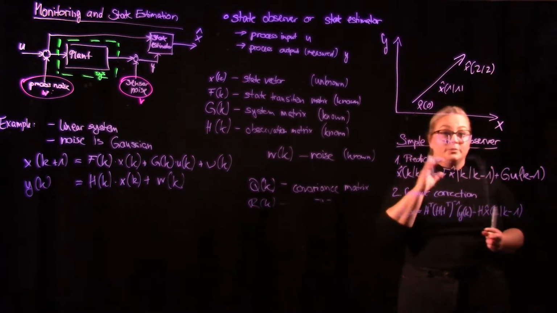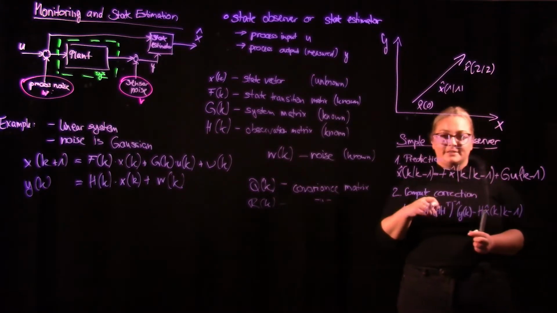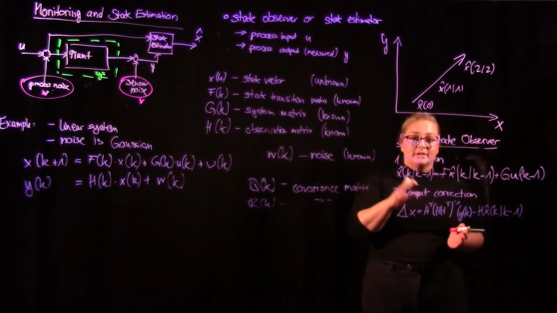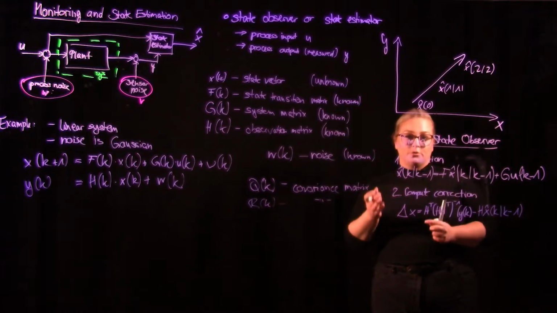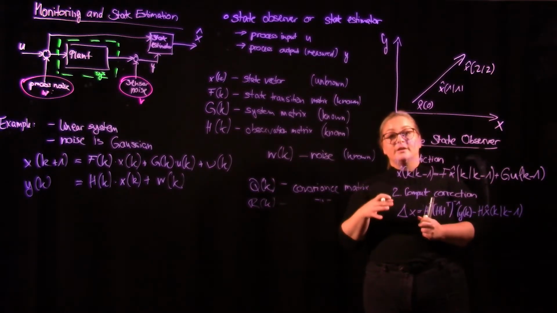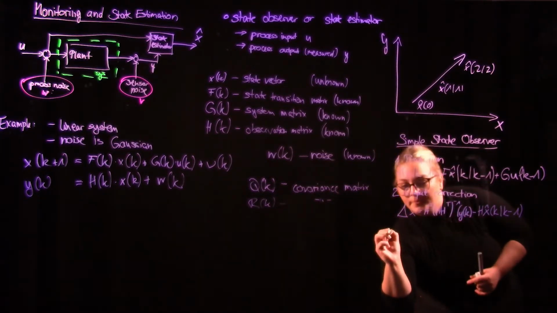Once we have computed our correction, in the last step we update our prediction so that it is closer to the actual state than the first estimated state.